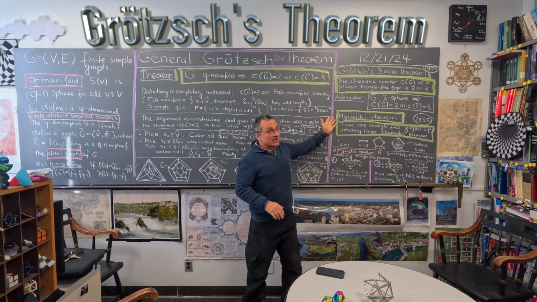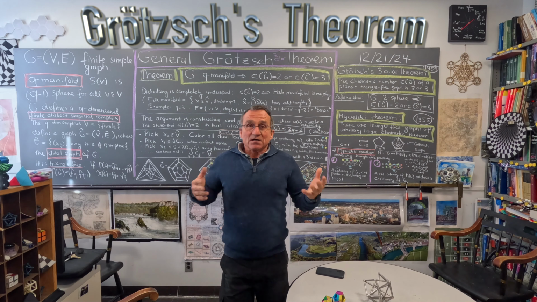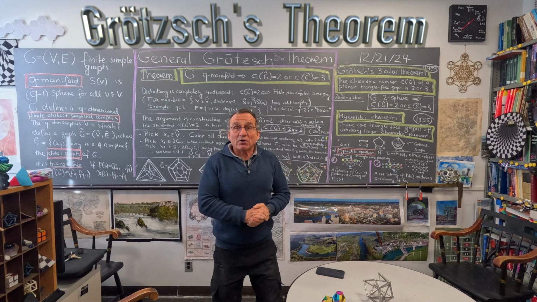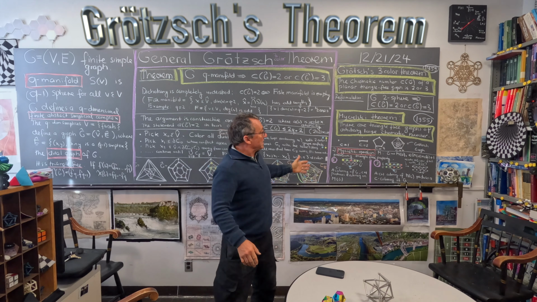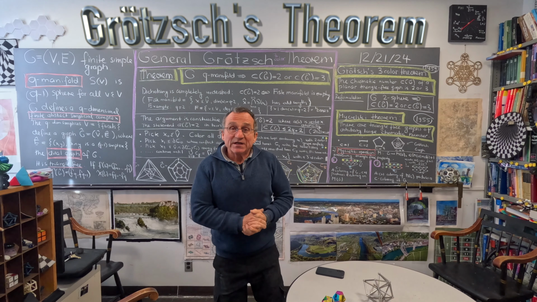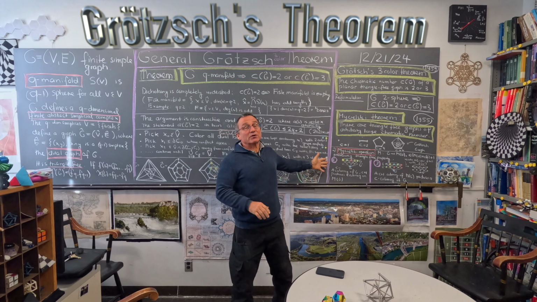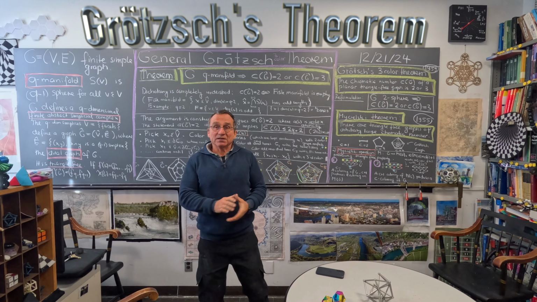But Mycielski a little bit earlier even showed that there are triangle-free graphs which need an arbitrarily large number of colors, and he introduced this operation which preserves triangle-free graphs and which increases the color by 1. It's an exciting theorem.